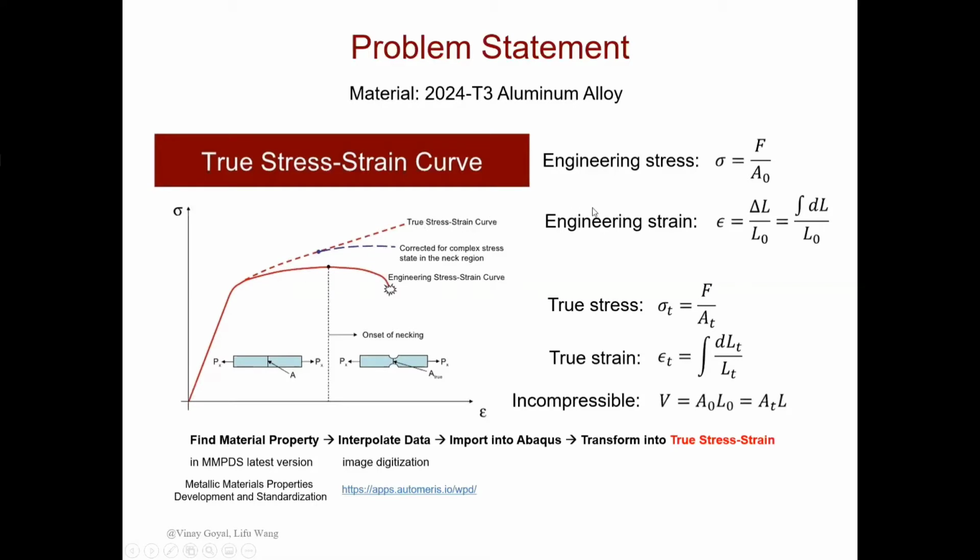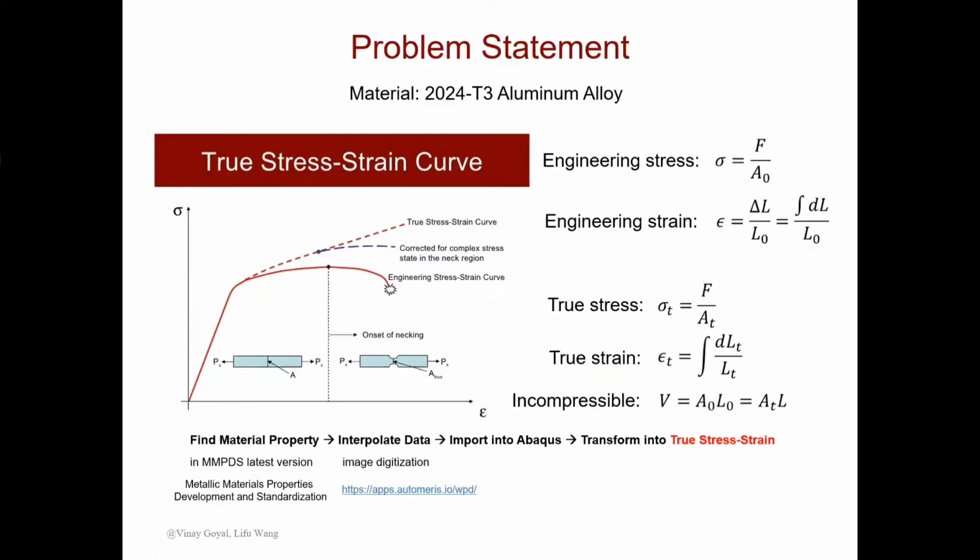Recall that all your tensile tests record the engineering stress and engineering strain, which are defined as the load over the initial cross-section area, and the change in length over the original length, or you can write it as an integration of the change in length divided by the original length.